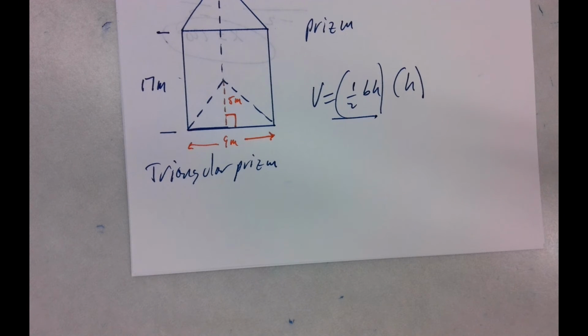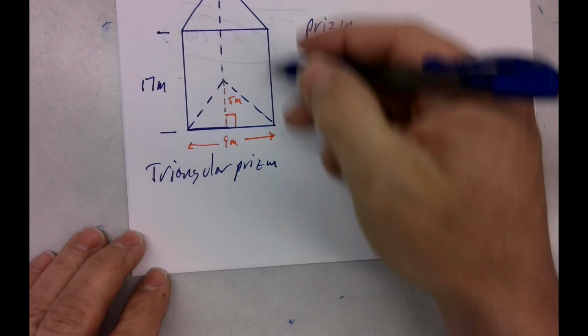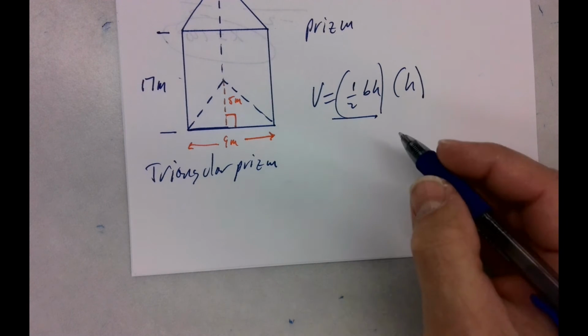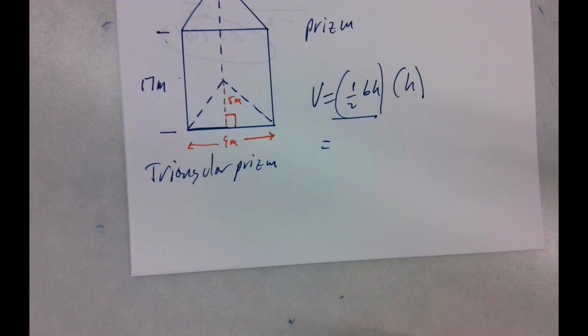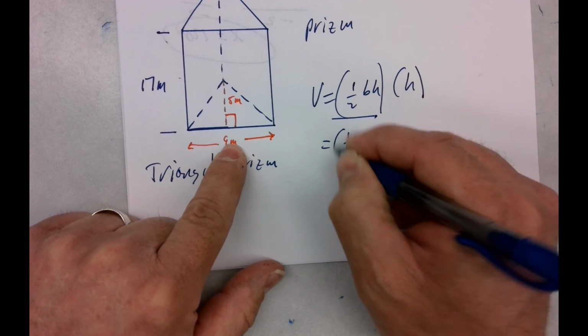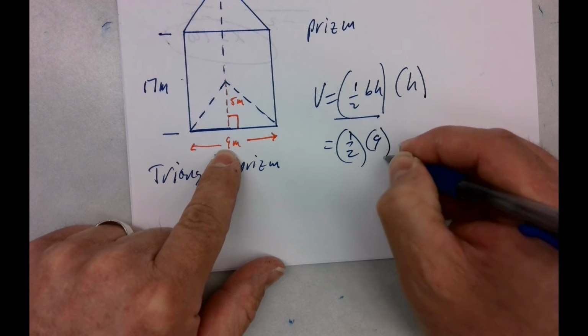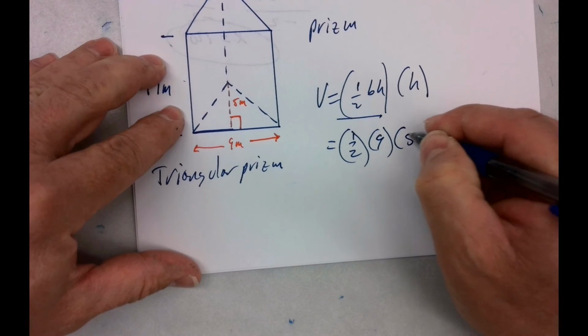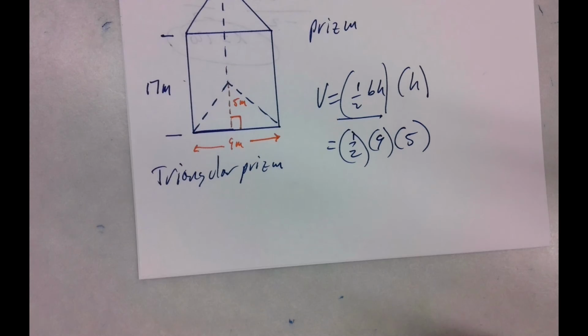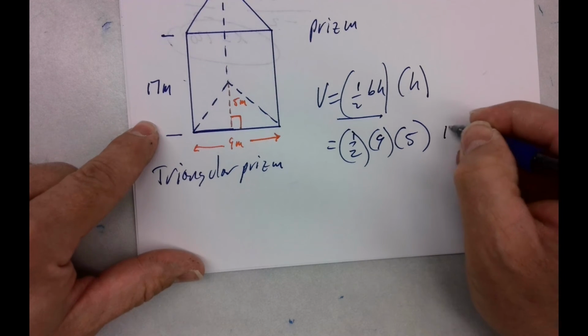And anytime you have one of these triangles, no matter how they've drawn it, the triangle has to be your base. And then the height will be this other measurement, okay? So I'm simply going to go 1/2 times my base, the base of my triangle, which is 9, times the height of my triangle, which is 5, then times the height of my prism, which is 17.